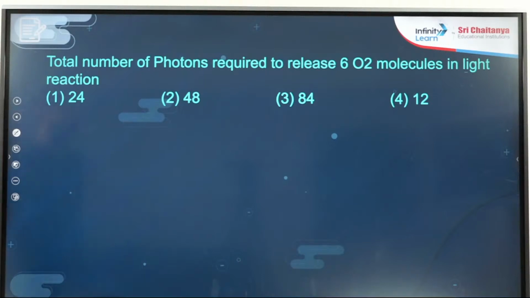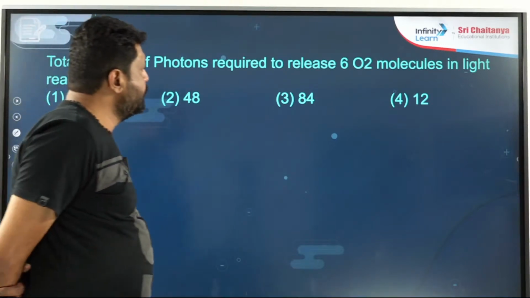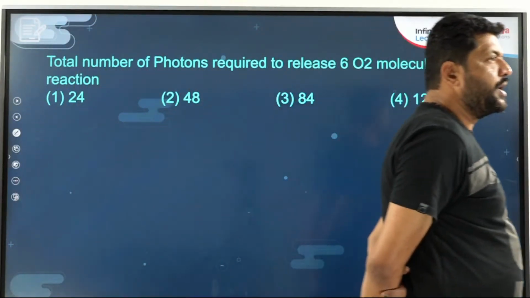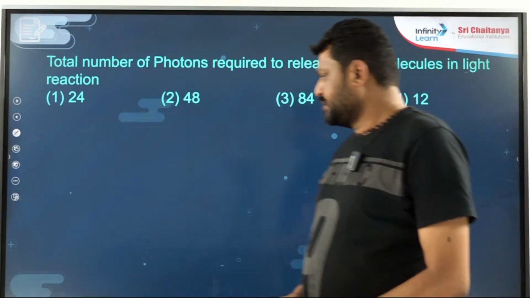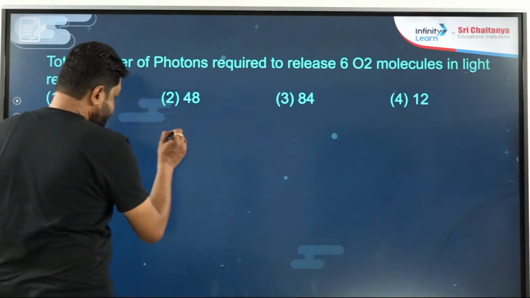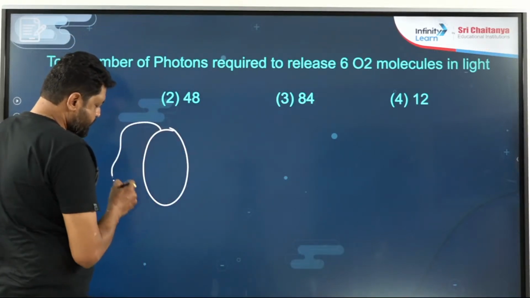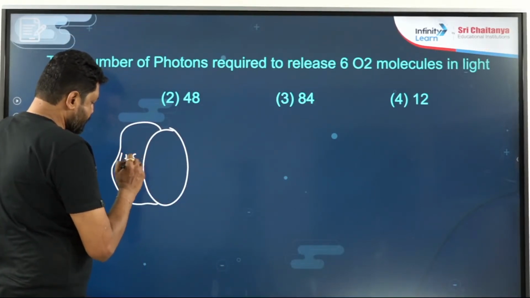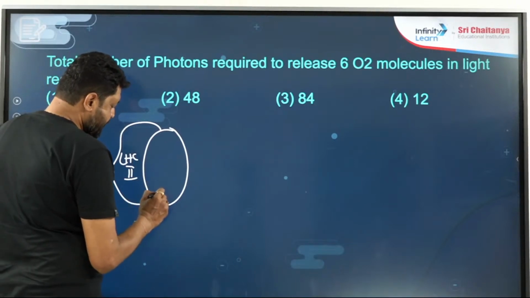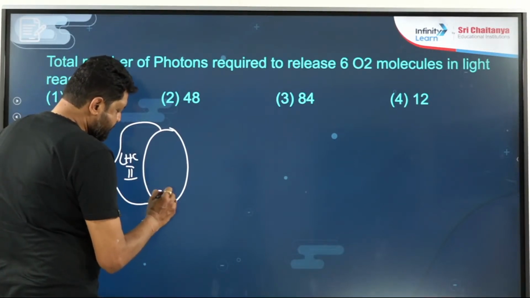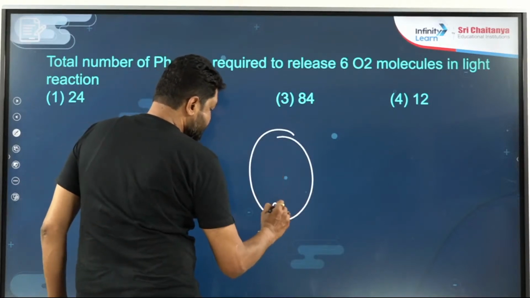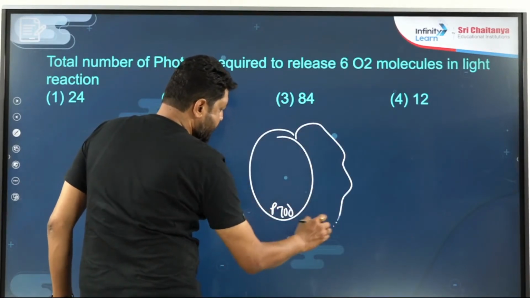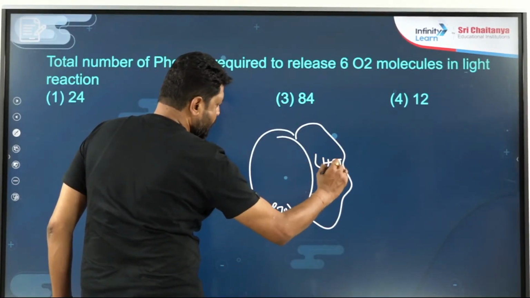Total number of photons of light required to release 6 O2 molecules in light reaction. I told you already, this is pigment system 2, light harvesting complex LHC2, that is P680. This is pigment system 1, P700, that is light harvesting center 1.